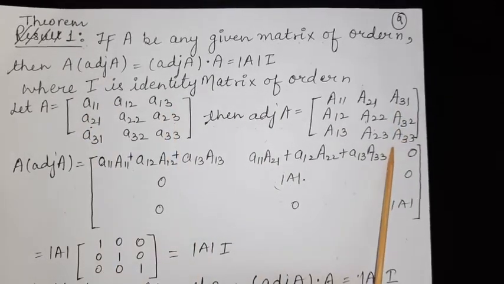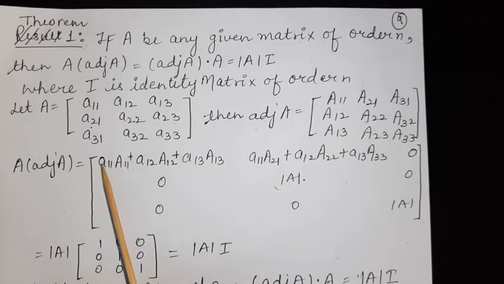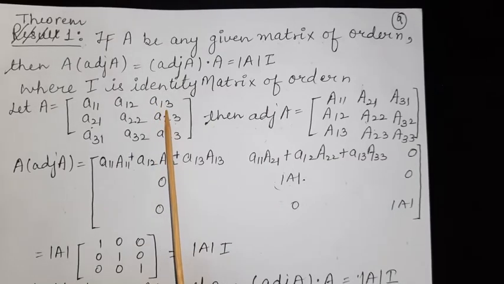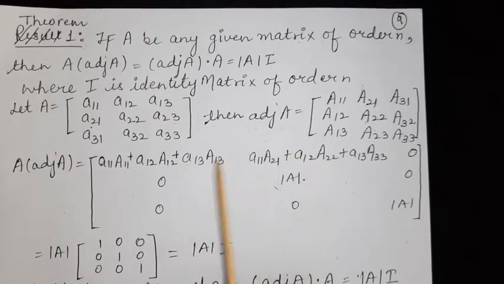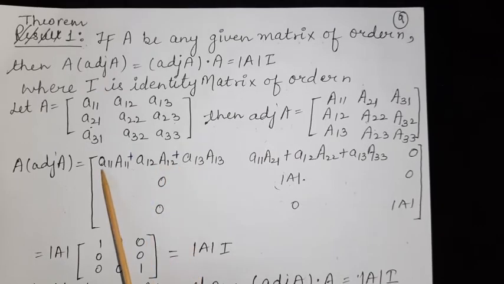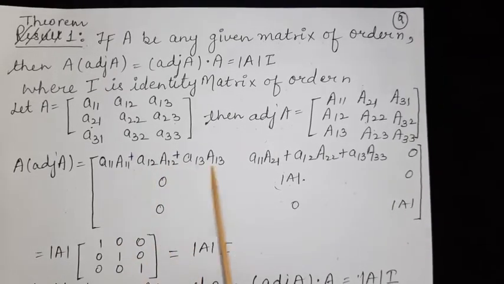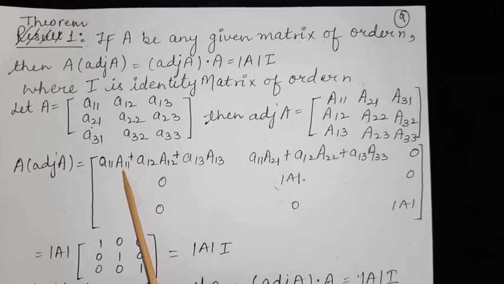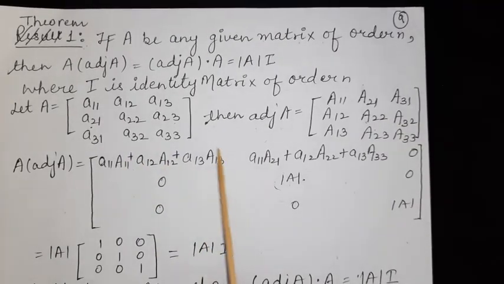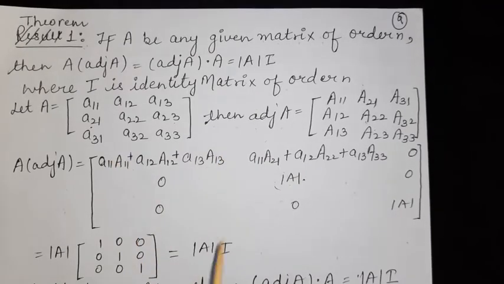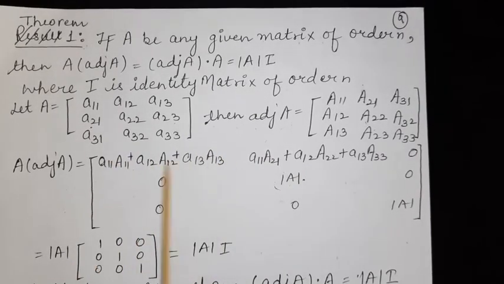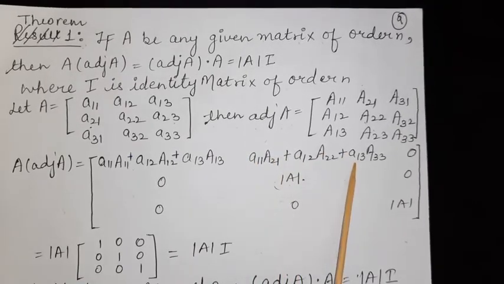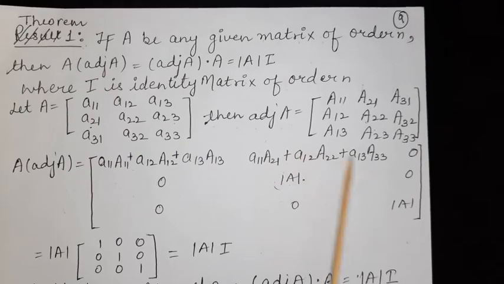Now the result which is very important here is that, as we know, when the elements of any row or any column are multiplied with their cofactors, we get nothing but the determinant of A. So here, as you can see, for this first element, we are multiplying the elements of the first row with the cofactors of the first row only. So this will give us nothing but determinant of A. But here you can see that the elements of the first row are multiplied with the cofactors of the second row.